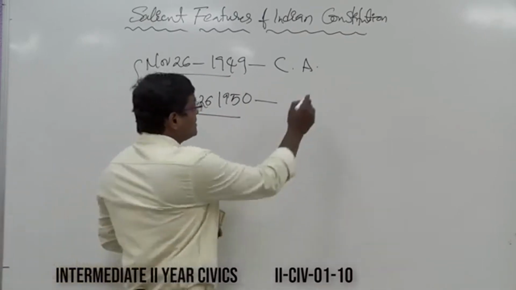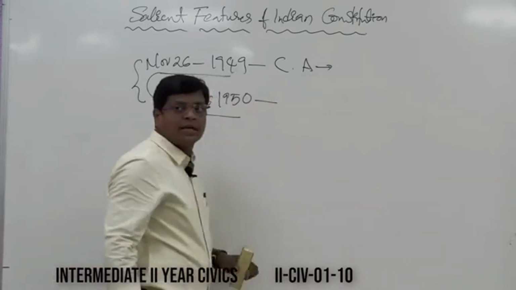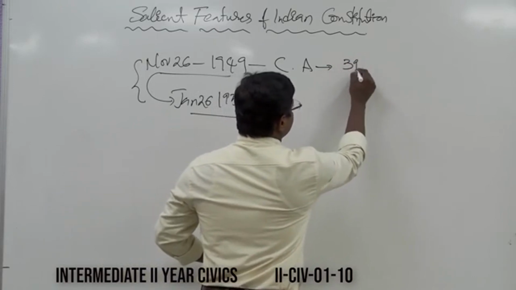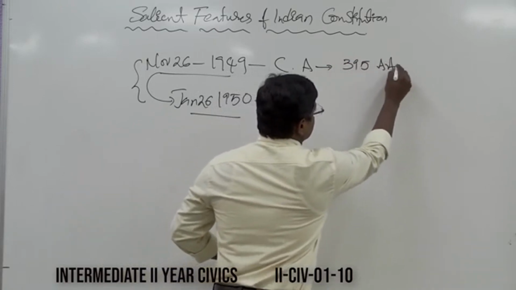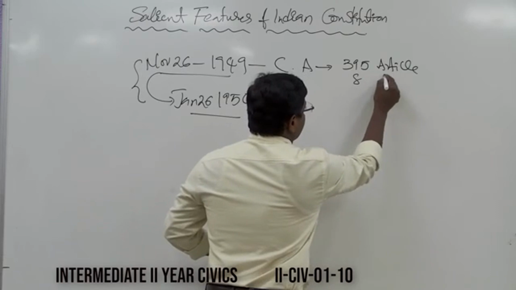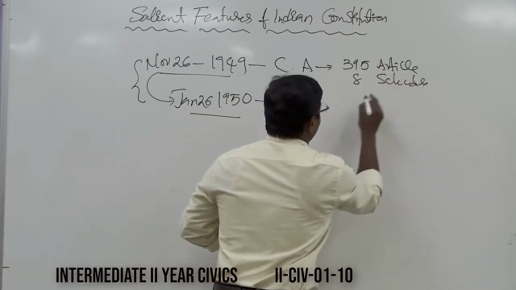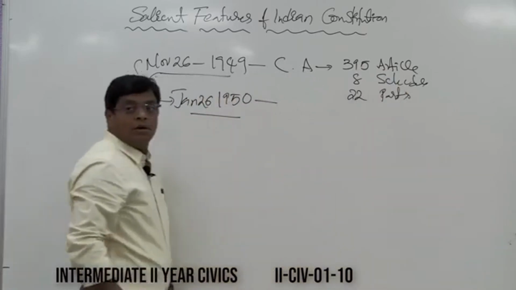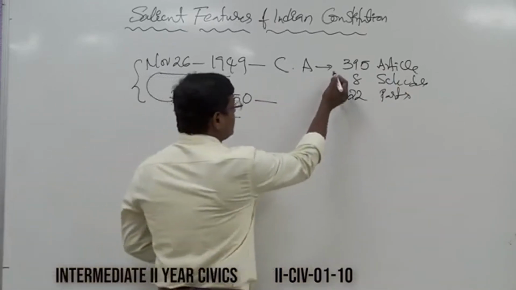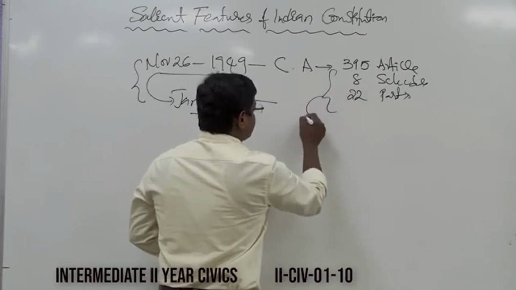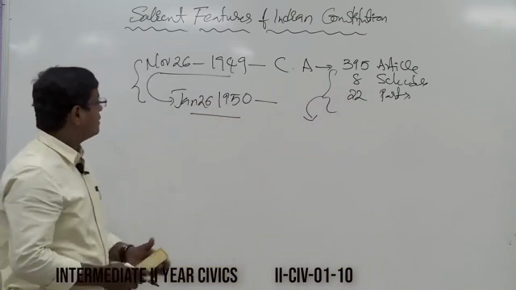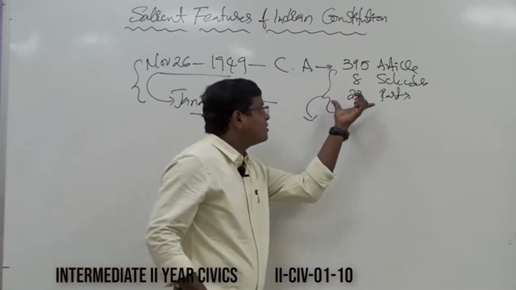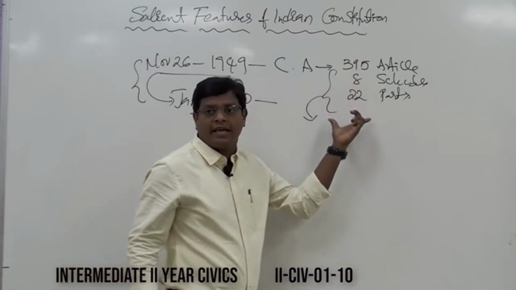At the time the Constitution of India was enacted, it consisted of 395 articles, 8 schedules and 22 parts. After the enforcement of the Constitution, the articles, parts and schedules have increased.